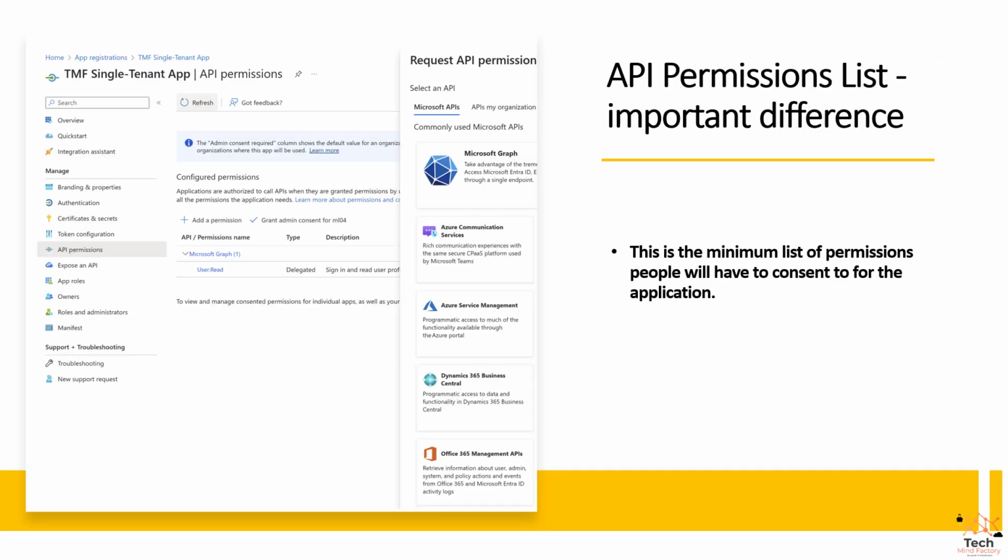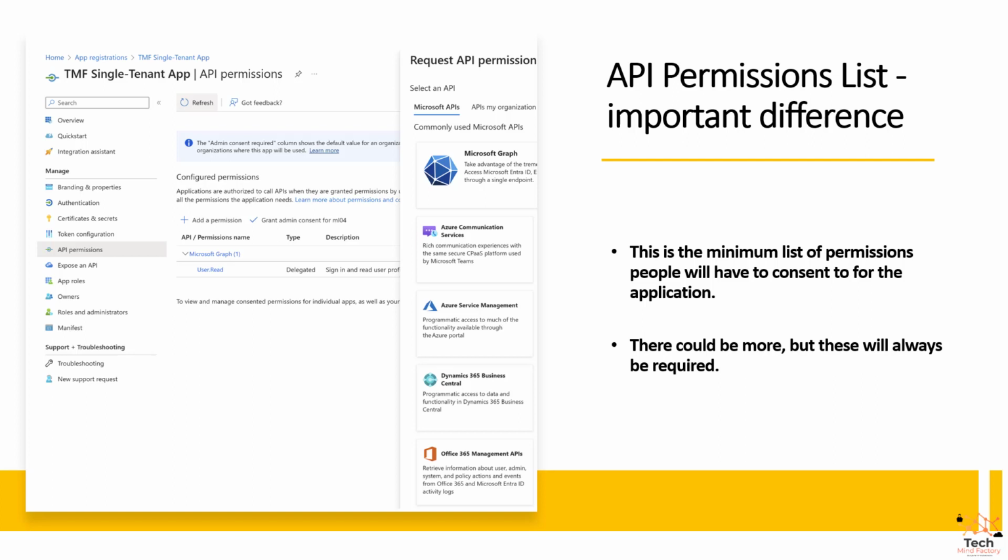API permissions list, an important difference. So this is the API permissions section, and here we can define what is called configured permissions. This is the minimum list of permissions people will have to consent to for the application. There could be more, but this will always be required. And it's super important.